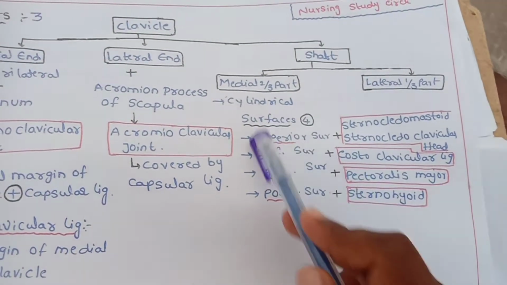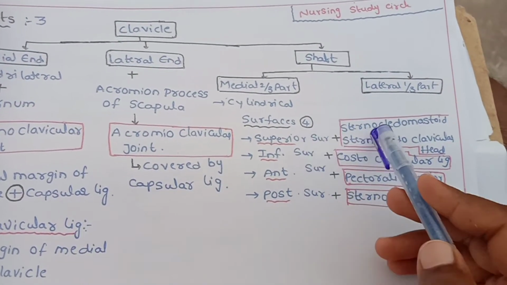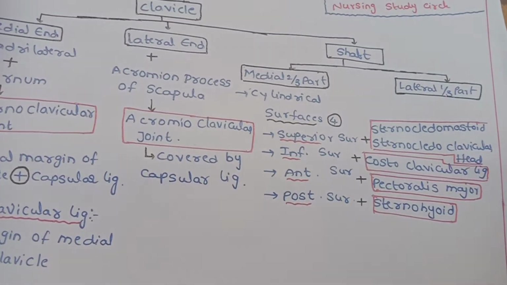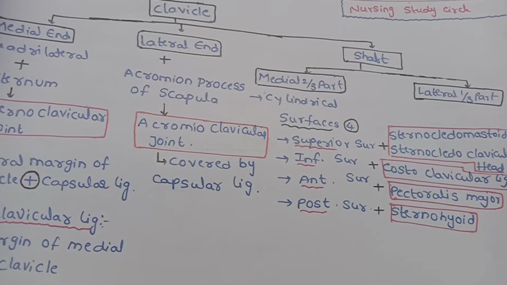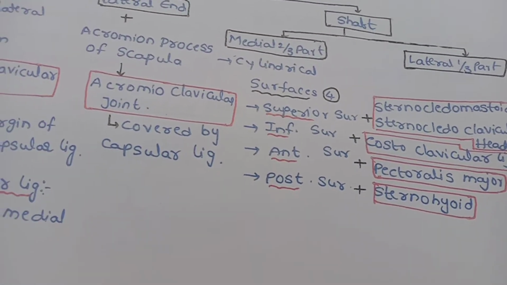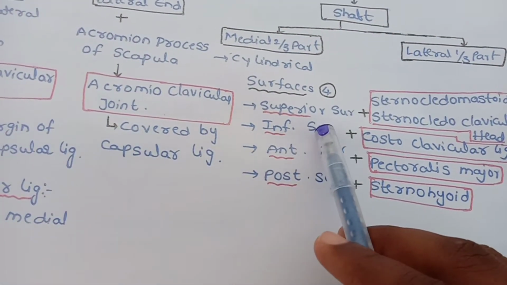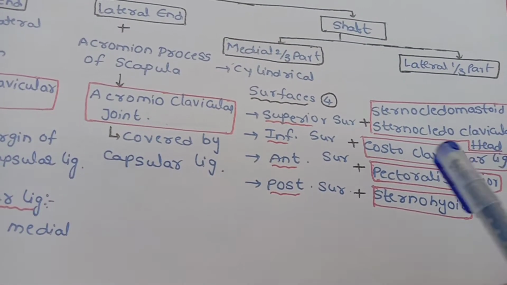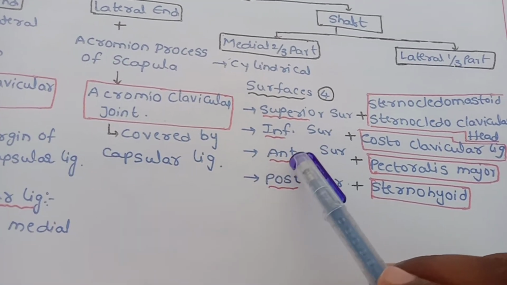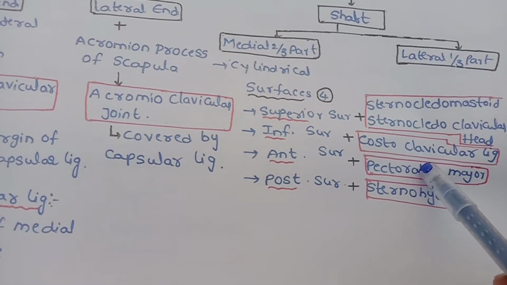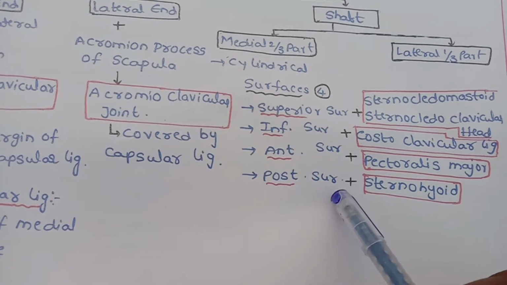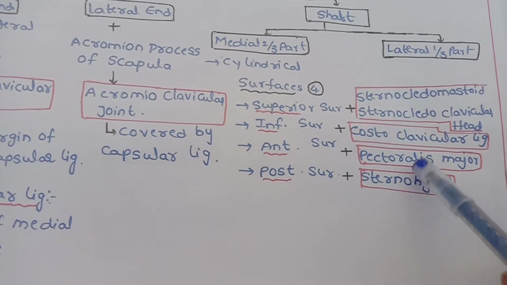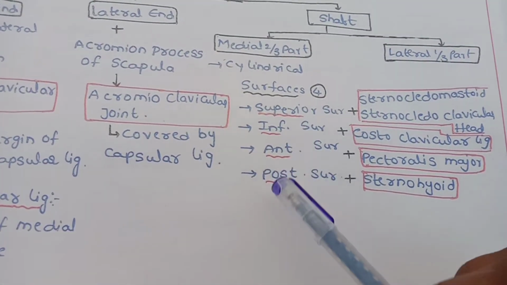In the superior surface there is an attachment of sternocleidomastoid and the sternocleidoclavicular head. In the inferior surface there is an attachment of costoclavicular ligament. In the anterior surface there is an attachment of pectoralis major, and in the posterior surface there is an attachment of sternohyoid muscle.